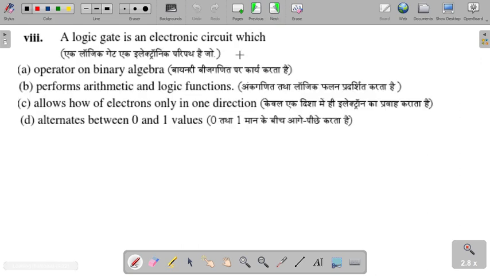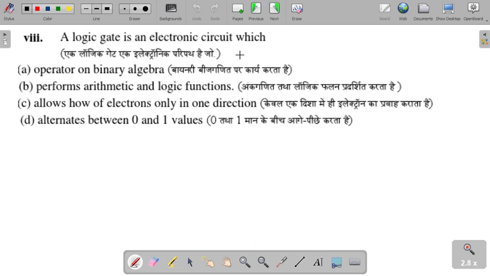Next, a logic gate. A logic gate is an electronic circuit which operates on binary algebra. We know a logic gate is an electronic circuit which performs logical decisions.